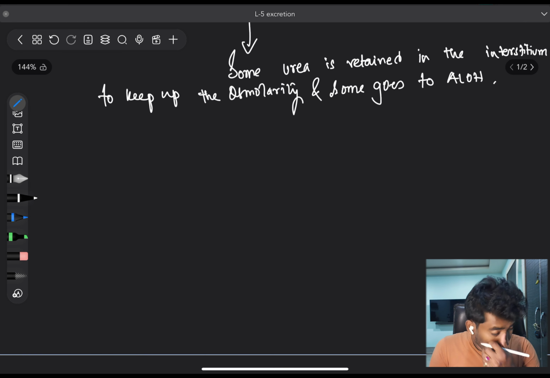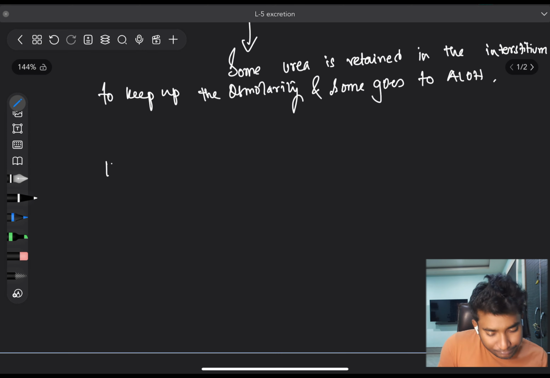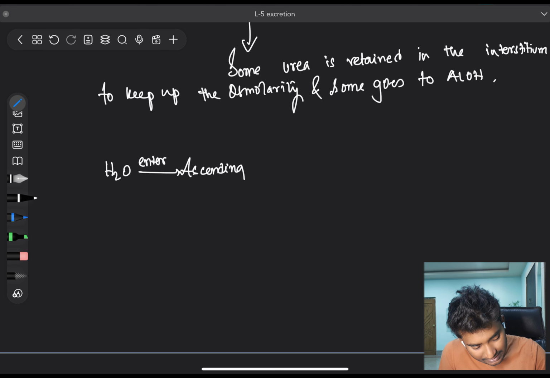Some urea is retained back to keep the osmolarity, because without holding back the urea, our nephron cannot detect the osmolarity that is required. So a small amount of urea is retained, and the residual amount is thrown into the ascending loop of Henle. Now H2O enters the ascending VR.